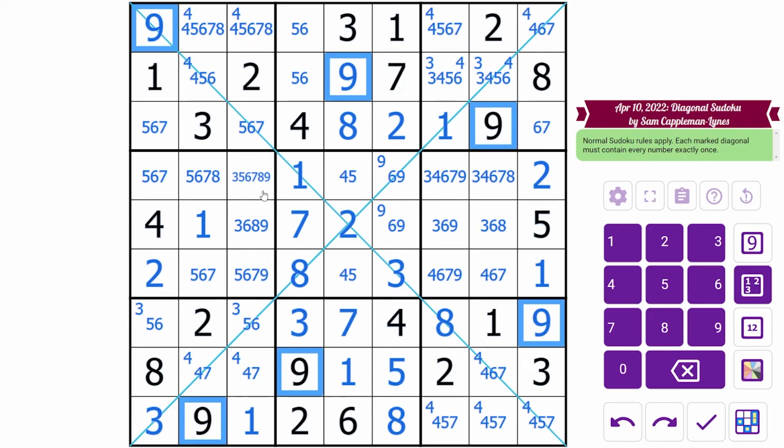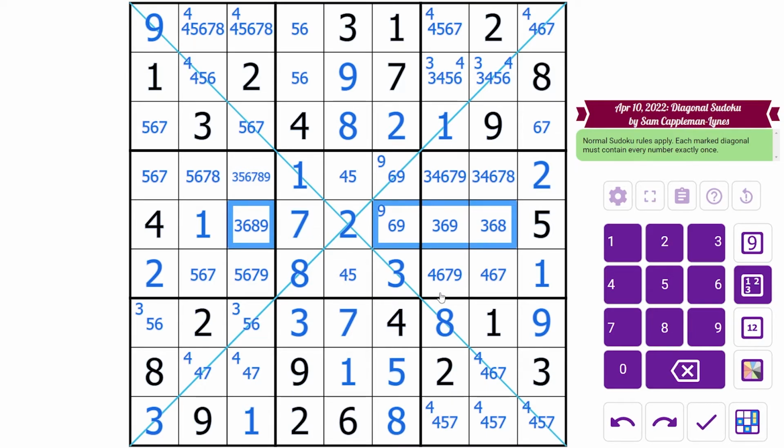Interestingly enough, oh, still available in all those spots. Okay, this row has gotten narrowed down. 8 can be in one of 2 positions. 9 can be in one of 2 positions. No, 3 positions. Okay. So, okay, that's fine.